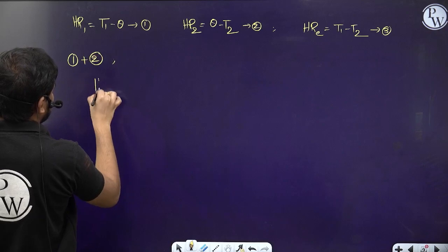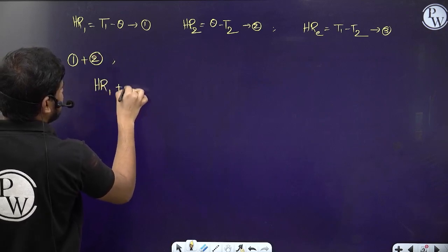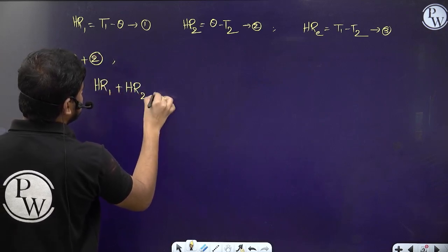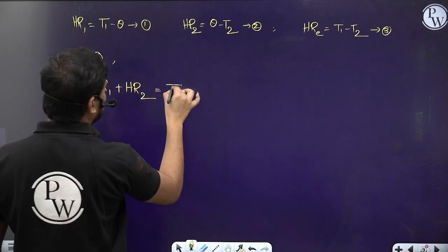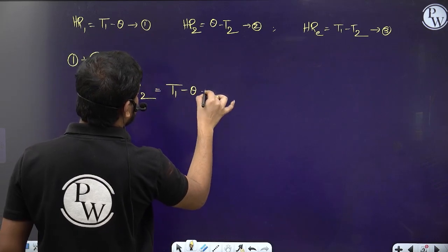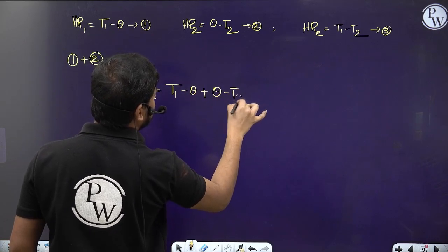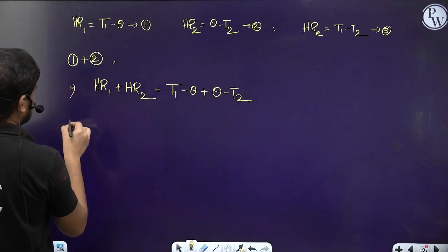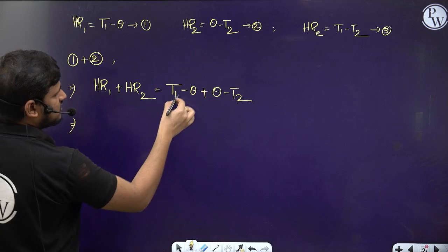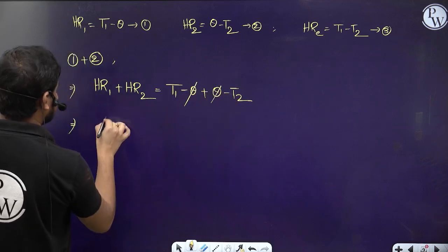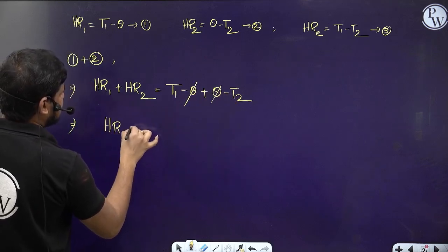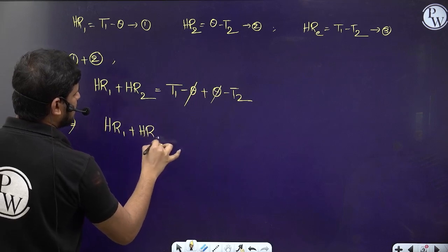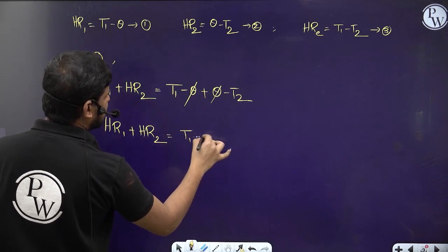So I can write HR1 plus HR2 is equal to, on the right side, T1 minus theta plus theta minus T2. So here theta gets cancelled: HR1 plus HR2 is equal to T1 minus T2.